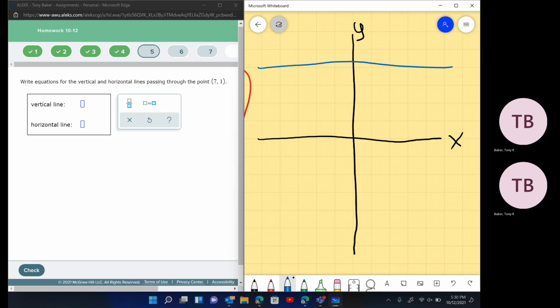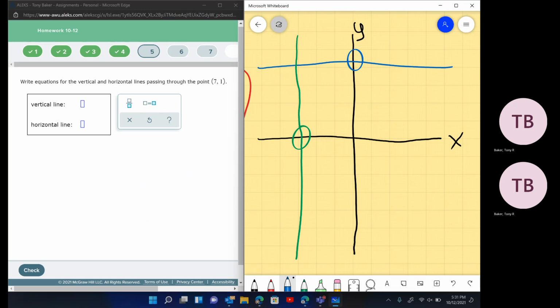If I was to draw a vertical line, that was a horrible vertical line. That's better. It's going to cross the x-axis. That makes sense? Okay. So this topic is equations for vertical and horizontal lines.